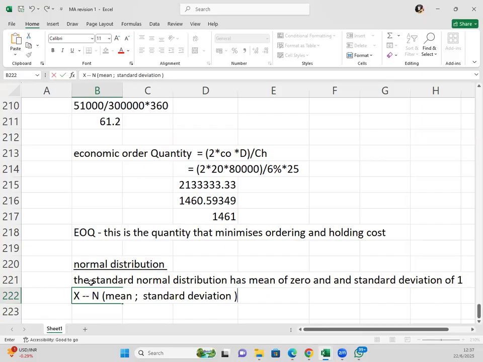So if the mean is 0 and the standard deviation is 1, we say that is the standard normal distribution.